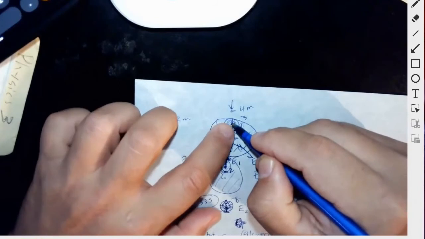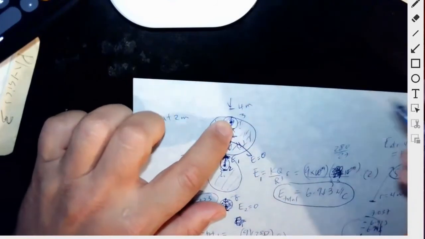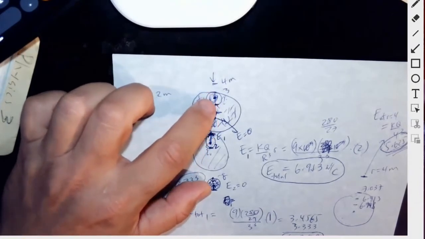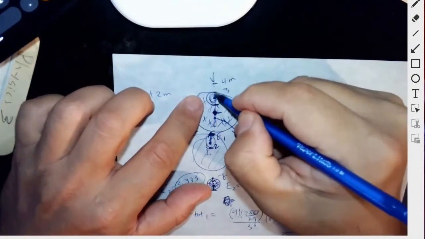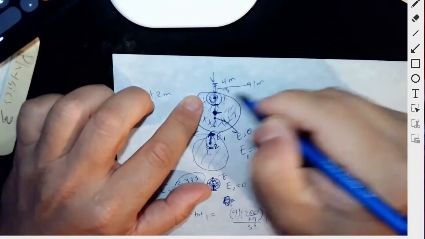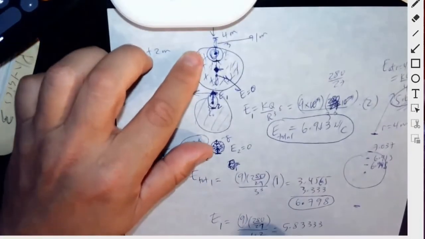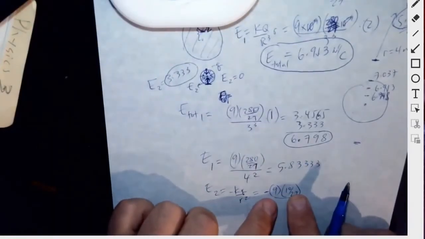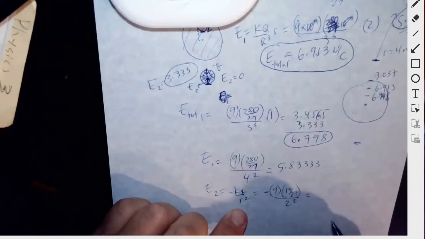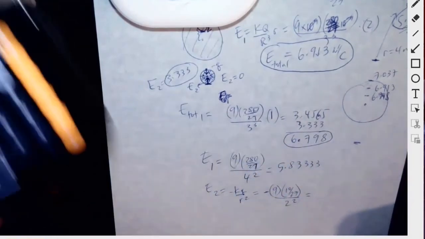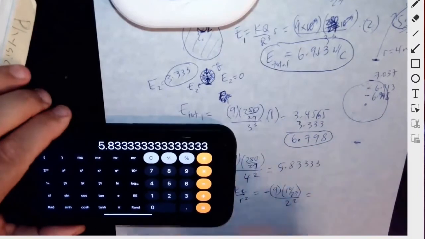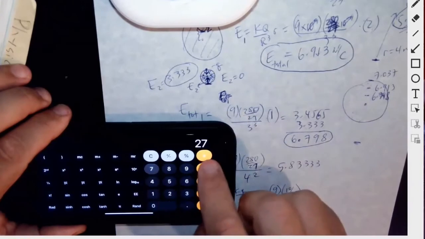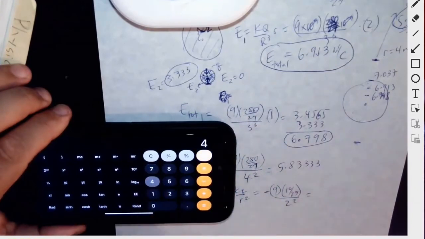From the center of that to there is what? 2 meters, right? Am I right? Yeah, so 3 and 4, that would be 1 meter here. Yeah, 1 meter, 1 meter, 2 meters. So it'll be negative 9 times the Q over the 2 squared, divided by 27 divided by 4.